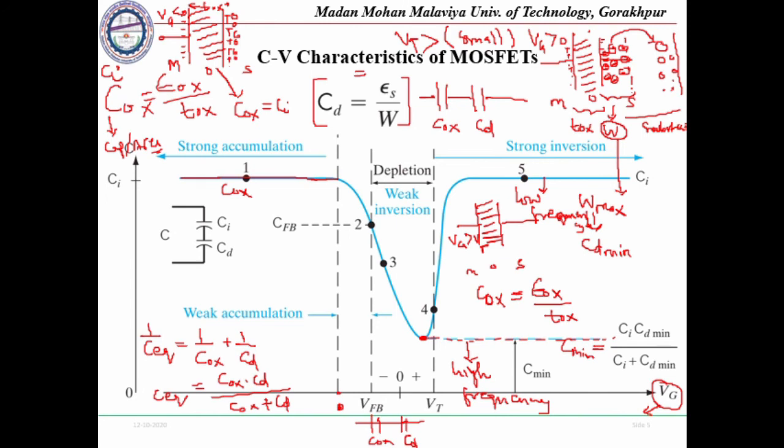So the total capacitance that we will be getting is still the output capacitance in series with the Cox, in series with your Cd value. So this Cd and Cox were in series in the case of only the depletion region, but if the gate voltage is changing very frequently, and the frequency is high, then in that case also the Cox and the depletion capacitance both will be considered.